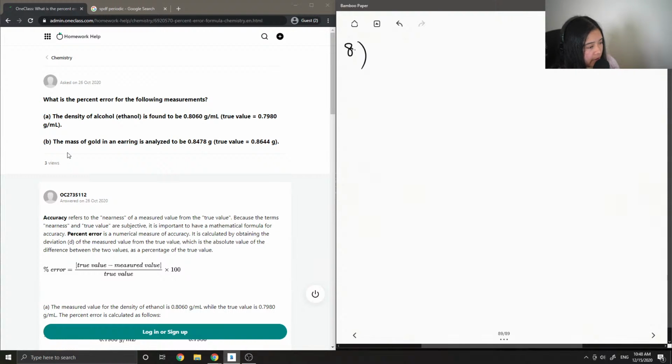Its true value is 0.7980. And B, the mass of gold in an earring is analyzed to be 0.8478 grams, and its true value is 0.8644 grams. So first, let's write the definition of percent error.